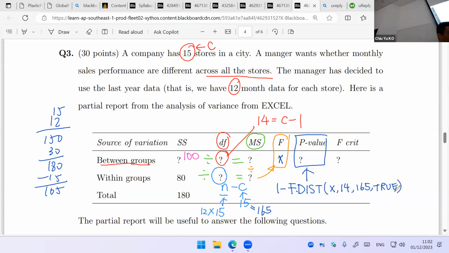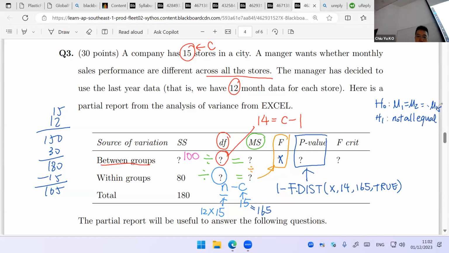Why 1 minus? Because the F test is a right tail test, right? The argument is that the between group is much larger than the within group in order to reject. If you remember, the null is mu1 equal to mu2 up to mu5, and the alternative is not all equal.